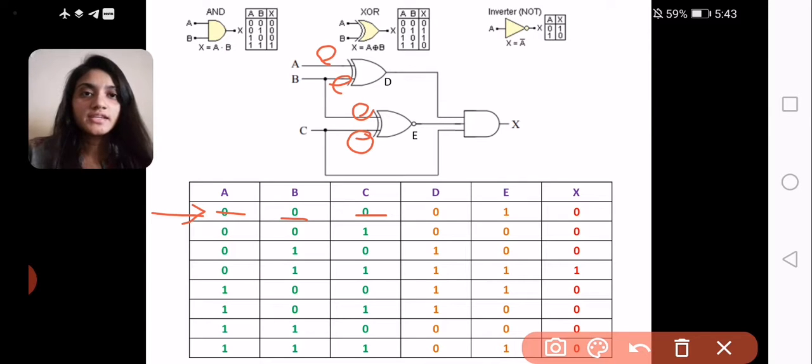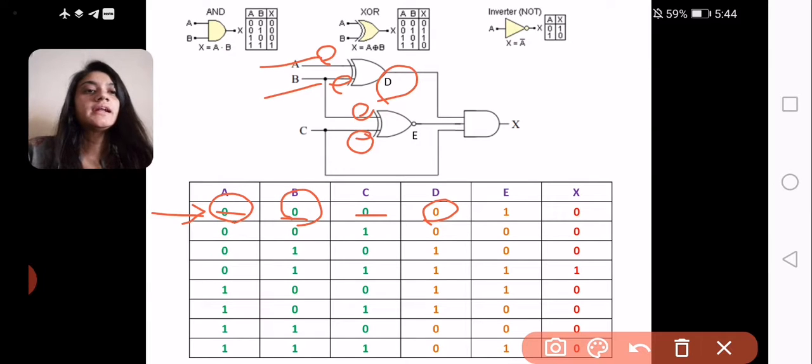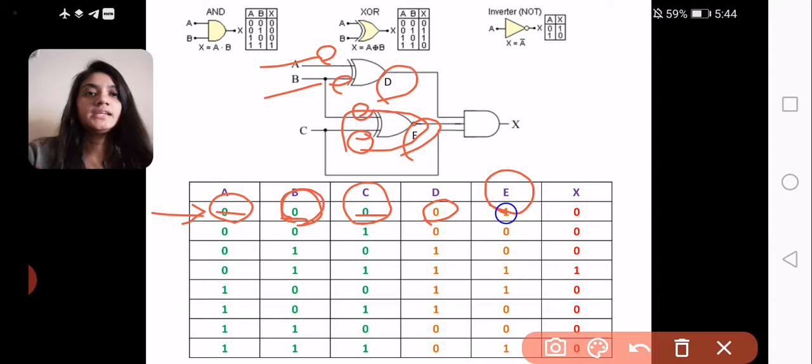Now you can see from the figure that the answer of D you will get when you do the XOR operation of A and B. Now E. What is E? That is the XNOR operation of B and C.